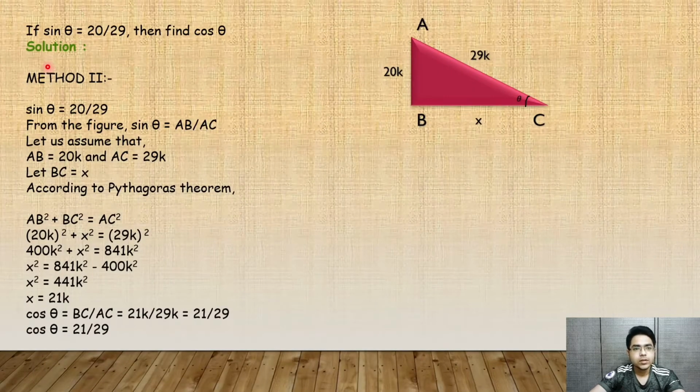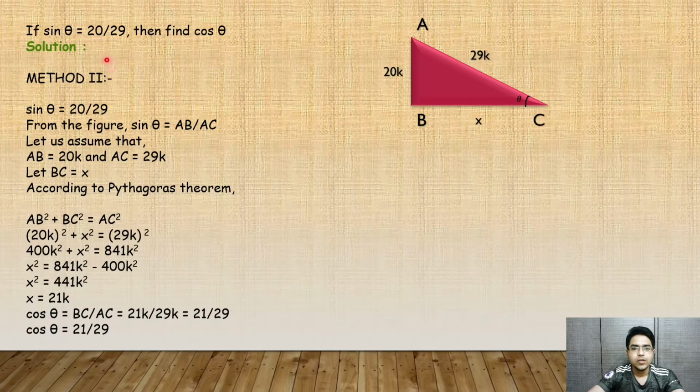In this next slide we are going to see an alternate method for the same question. If sine theta is equal to 20 by 29, then find the value of cos theta. Here in this method we have to consider a triangle. Let us name it ABC, and we are naming the base of the triangle as x, and the height will be equal to 20k, and this AC will be equal to 29k, and the angle between them is theta.